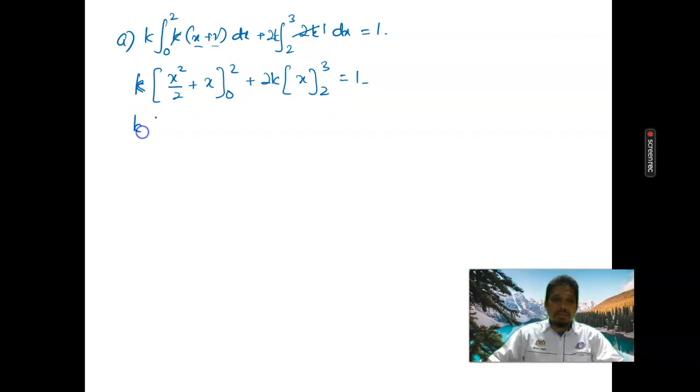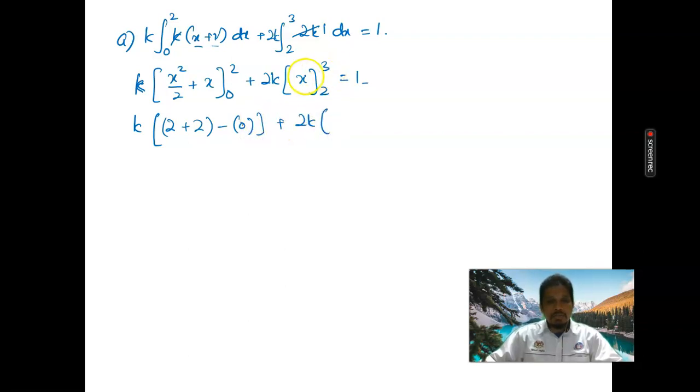Okay, so now substitute the first value of x, which is 2. 2 squared equal to 4, divided by 2 equal to 2, minus x equal to 0, which will be 0 here, plus 2k times x equal to 3 minus x equal to 2, equal to 1.